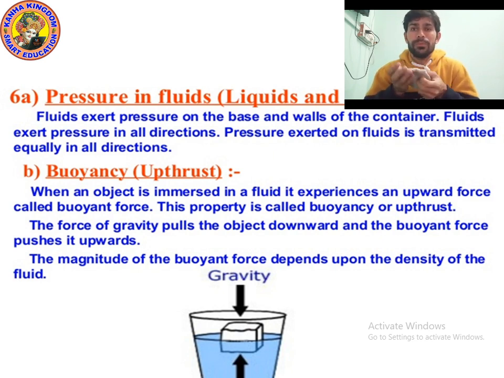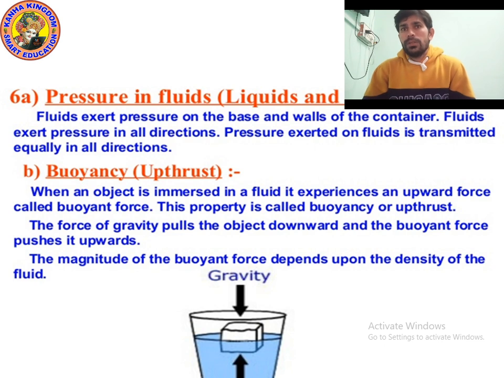So we will write mg in the place of F. The new formula will become mg is equal to G M m upon d square, where the m and m will get cancelled and we will get the value of acceleration due to gravity. So g is equal to capital G into M upon d square, where M is the mass of the earth, and d is the distance between the object and the earth.